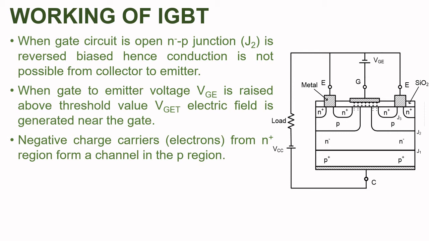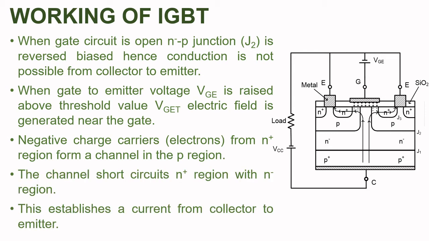Because of this electric field, the negative charge carriers, that is electrons from N plus region, are attracted towards the gate terminal and they form an n channel in the P region. This n channel short circuits the n plus region with n minus region. Thus, when collector is maintained at a higher potential than that of emitter, the current would be flowing as shown in the figure.